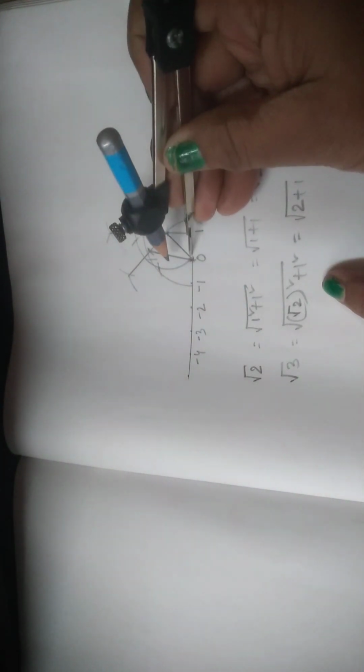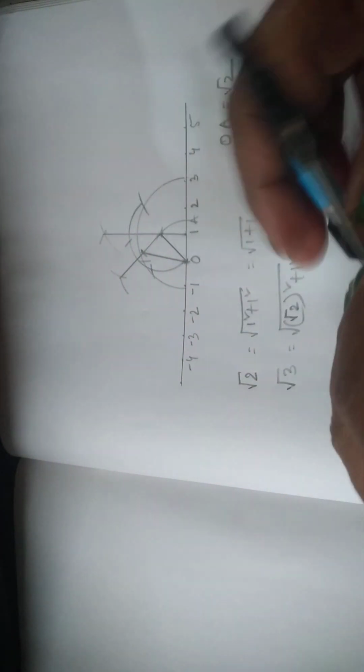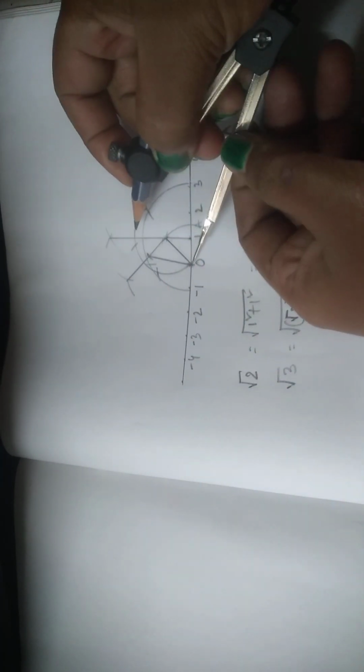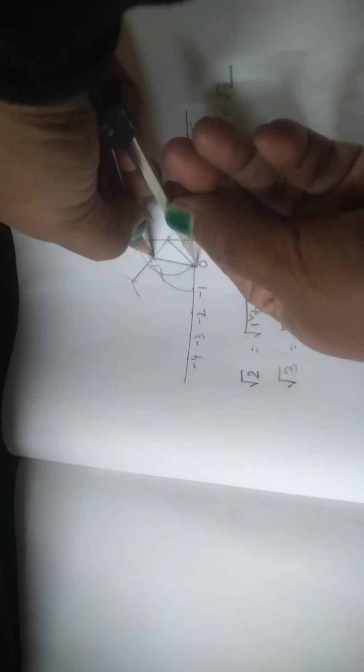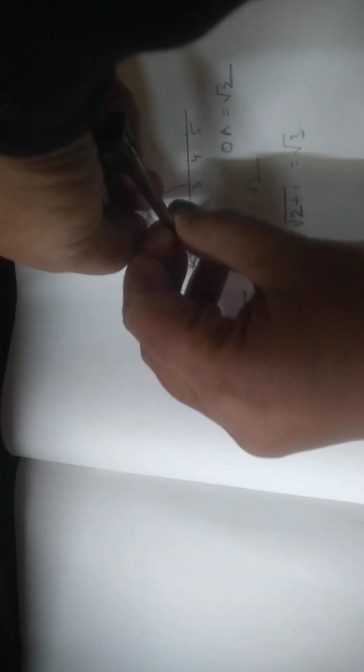Now how do we represent root 3 on the number line? Take the measure of this portion with the help of compass. Take the measure of this portion and cut it on the number line.